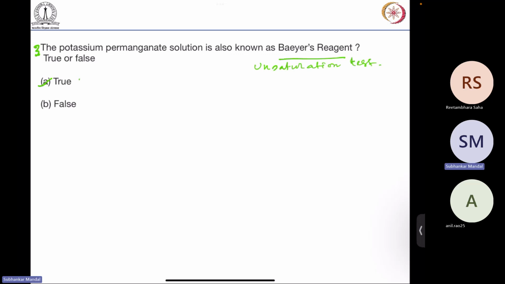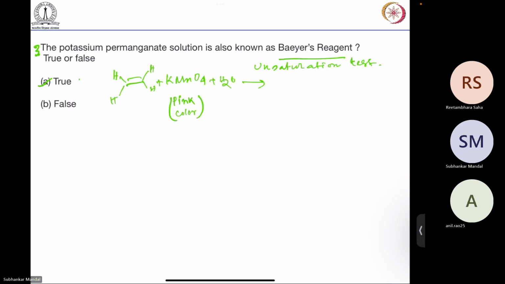Basically, if your system has an unsaturated molecule like ethylene or propylene, then this Bayer's reagent, basically potassium permanganate, KMnO4, is used. Suppose you have ethylene, an unsaturated alkene, and water. This potassium permanganate is a pink color solution.